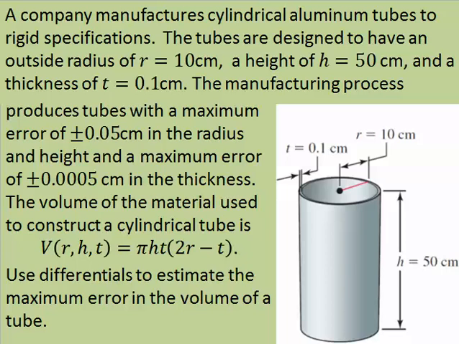The manufacturing process produces tubes with a maximum error of plus or minus 0.05 in the radius and height, and a maximum error of plus or minus 0.0005 in the thickness. Use differentials to estimate the maximum error in the volume of a tube.